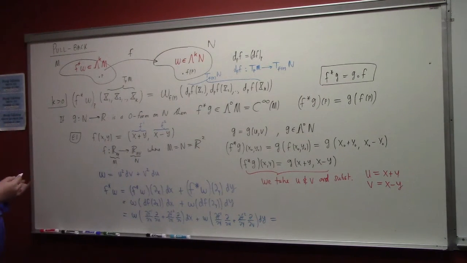What is partial f1 partial x? It's 1. What is partial f2 partial x? It's 1. Partial f1 partial y is 1. Partial f2 partial y is minus 1.